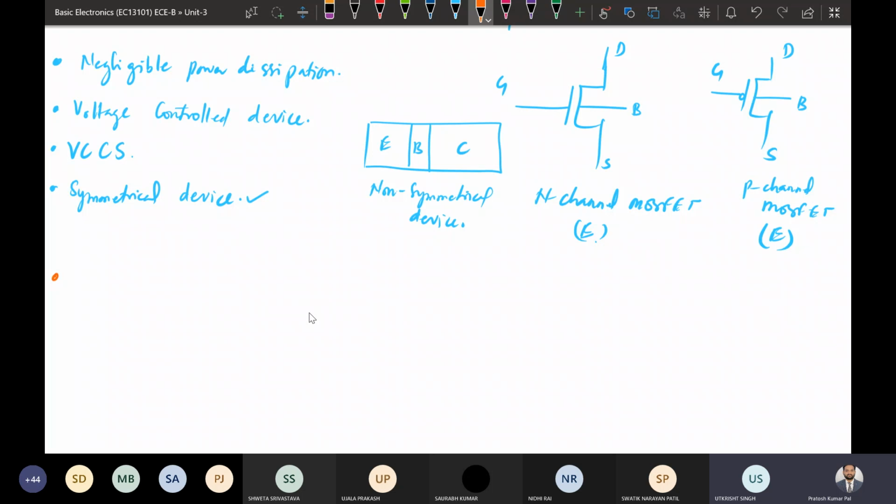Next point we can write here. In case of BJT and MOSFET, MOSFETs use a lesser area compared to a BJT.